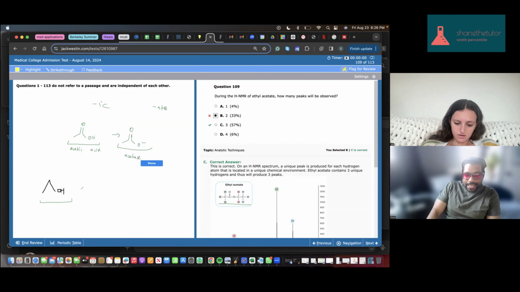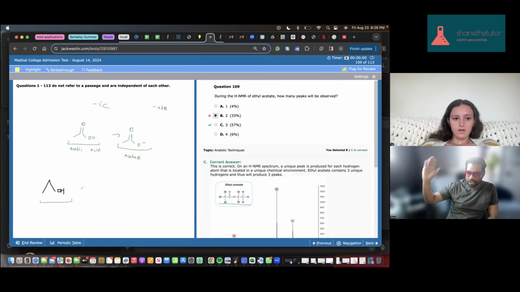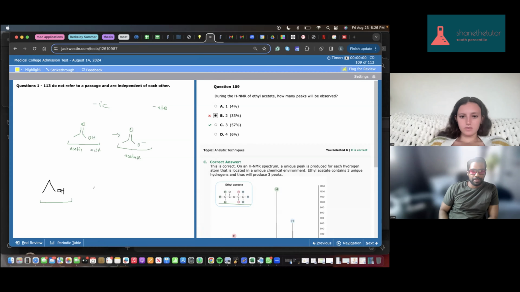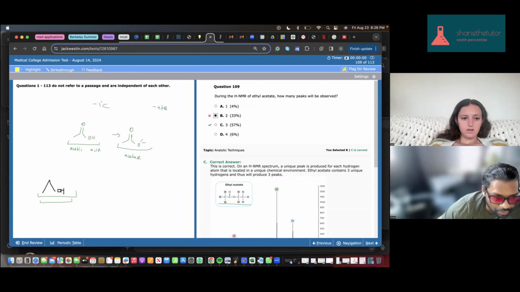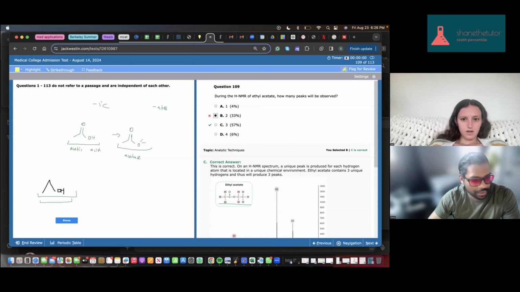So we're really just taking that acetate and adding an ethyl group to it, which is the two carbons I drew. So this is ethanol, right? And ethane would just be this, like, ethyl, right?